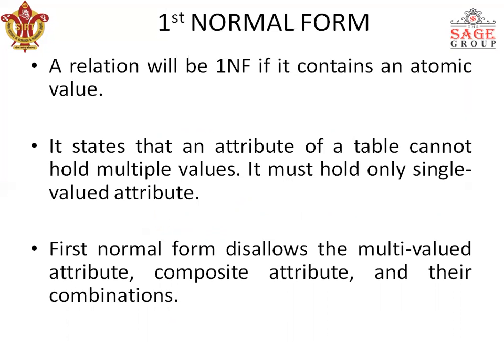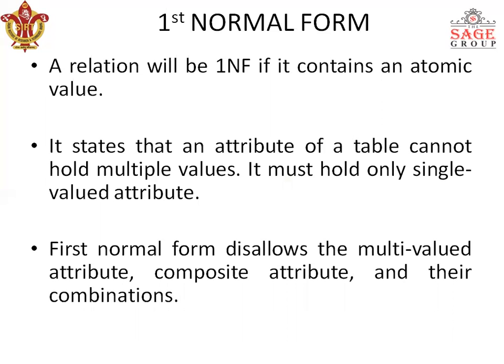A relation will be in first normal form if it contains an atomic value. It states that an attribute of a table cannot hold multiple values. It must hold only single-valued attributes.